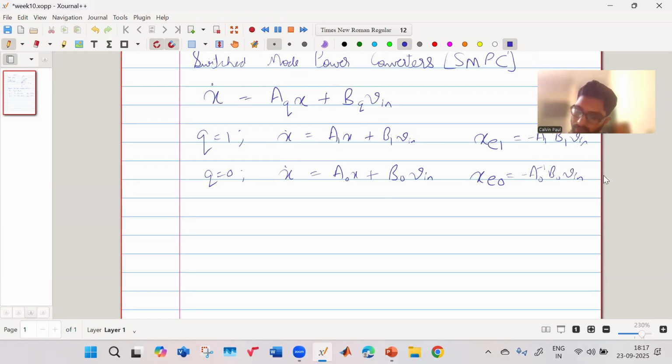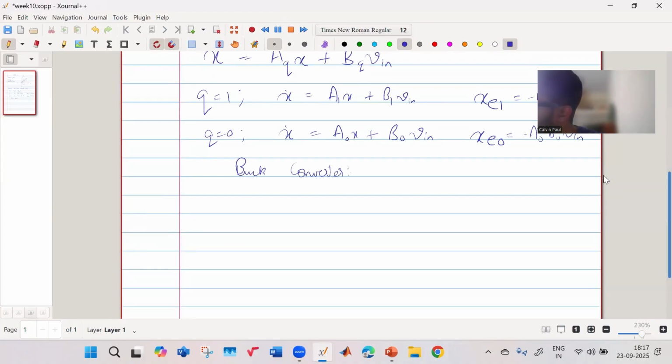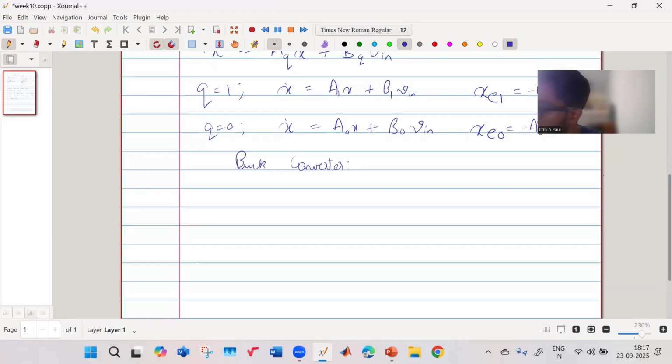In this week, we will limit our discussion to the buck converter, because that is what Sir has considered for the time optimal control and for the reference step control. So we have the buck converter, where we have our input voltage here.